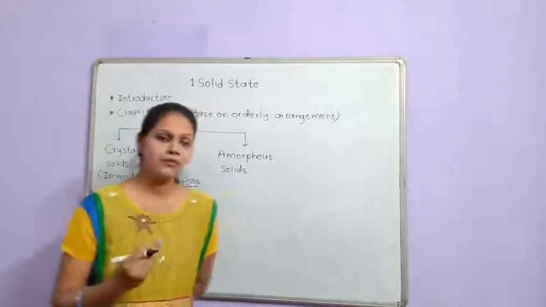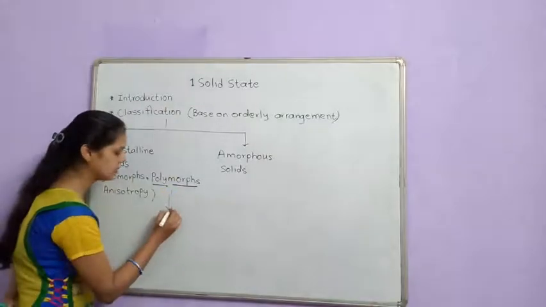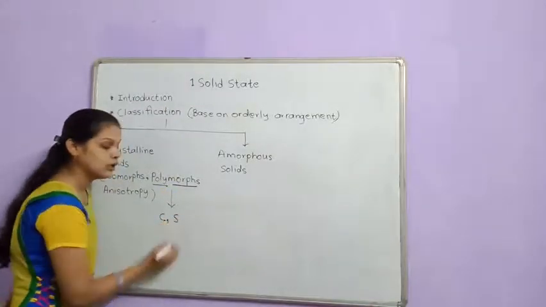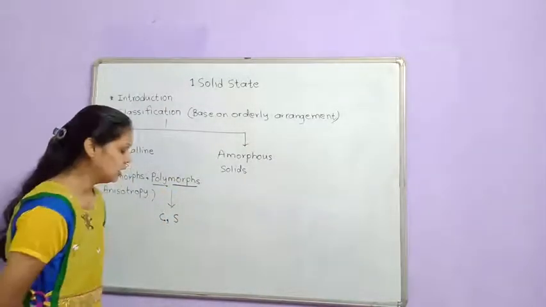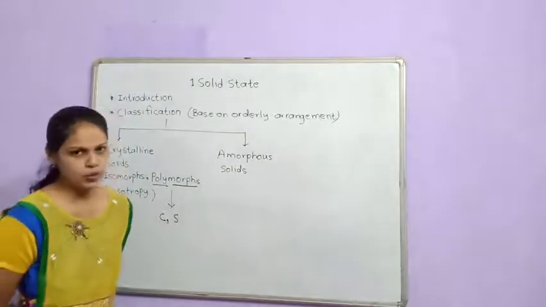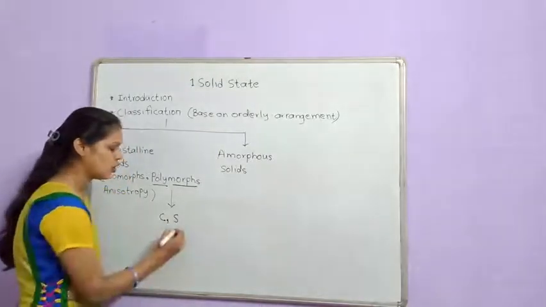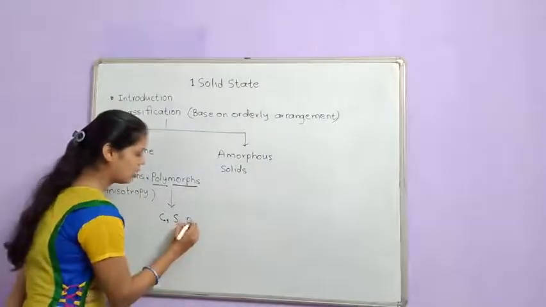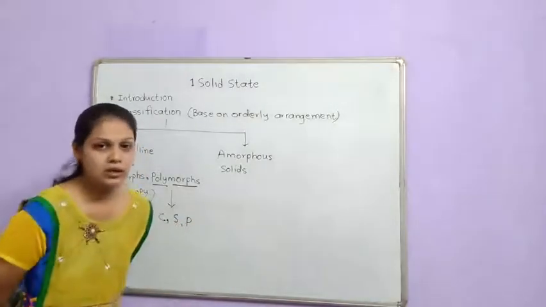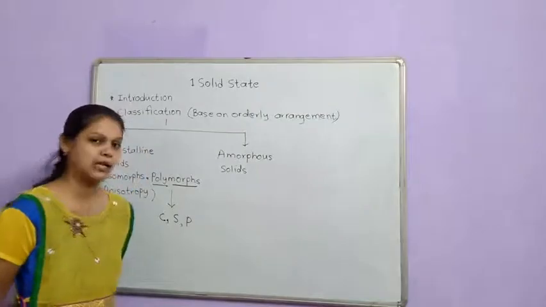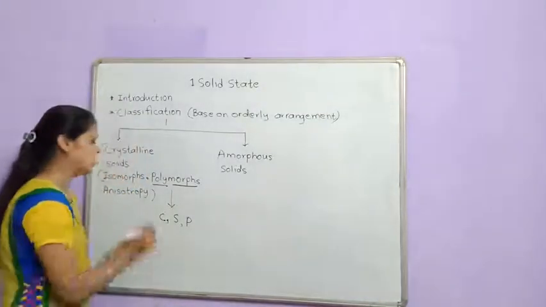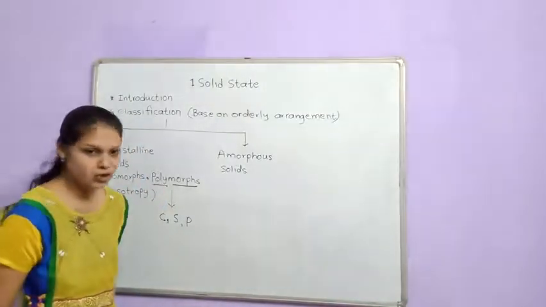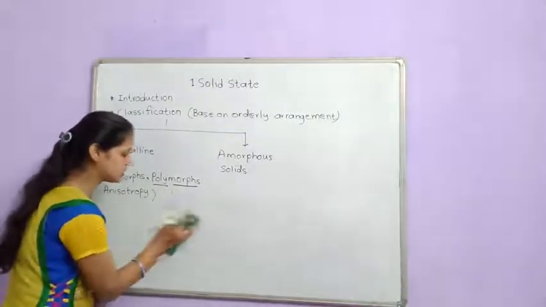In a similar way, sulfur also has different allotropes; rhombic and monoclinic are examples. Phosphorus also has different allotropes like white, red, or yellow phosphorus. These are examples of polymorphic substances.